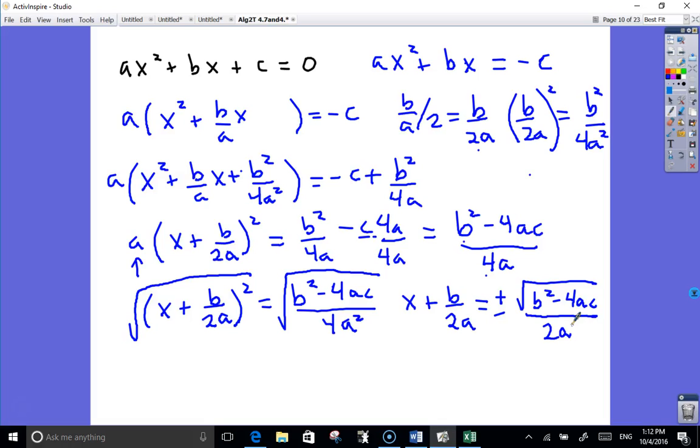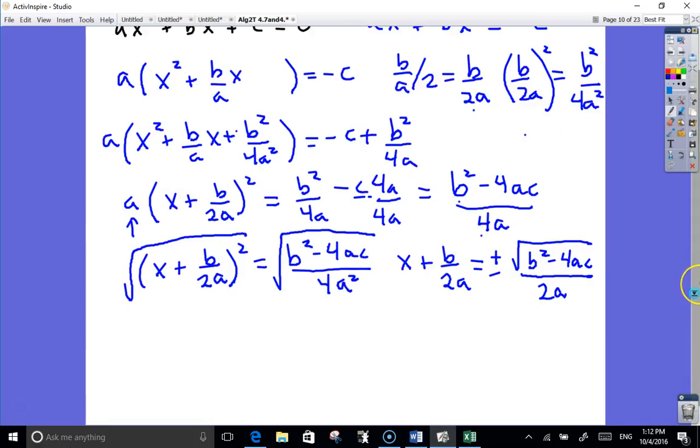Yes. We're deriving the quadratic formula. So subtract the b over 2a and we'll get x equals plus or minus, oh sorry, that's wrong. Too early for the plus or minus. It'll be negative b over 2a plus or minus the square root of b squared minus 4ac divided by 2a.